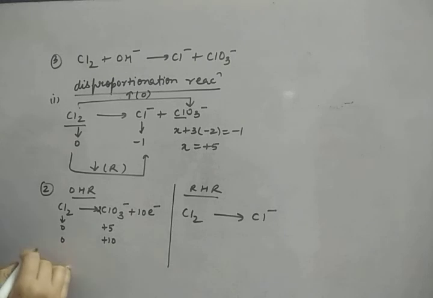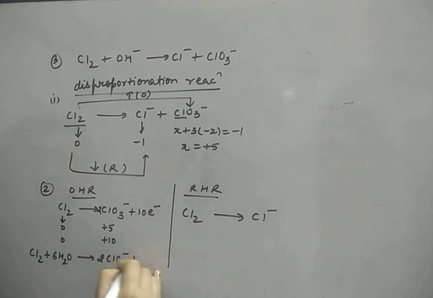Now oxygen is 3 to the 6, so I will write 6H2O here. So it will be 2ClO3 minus plus 10 electrons. Okay, so 6H2O will come this side. Now how many hydrogen atoms are there? We'll calculate. So 6 to the 12.